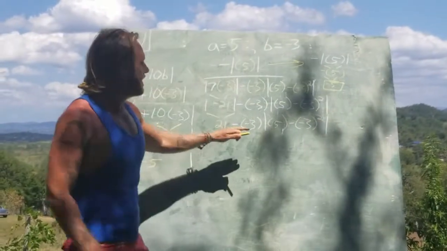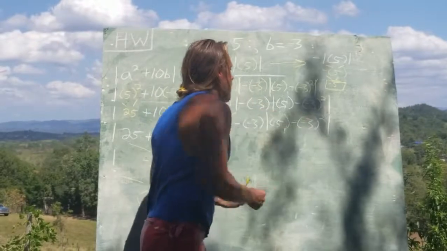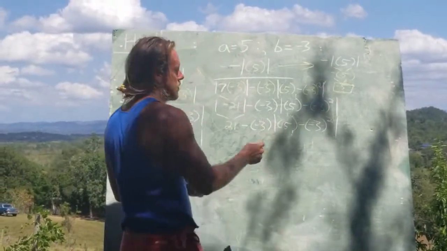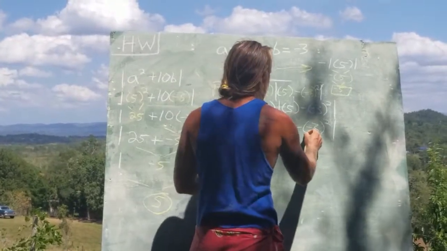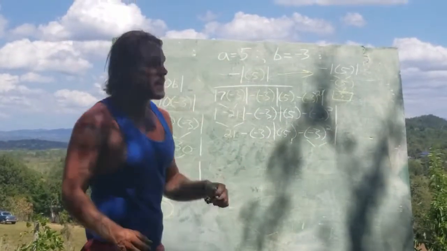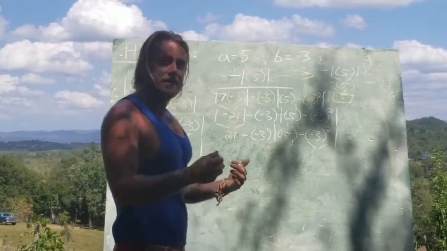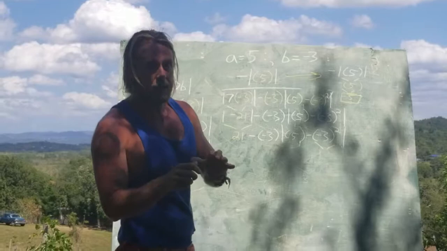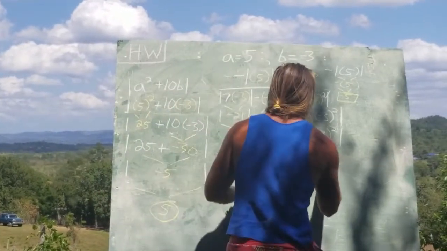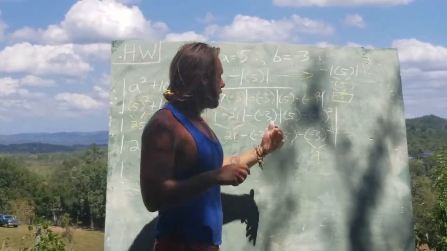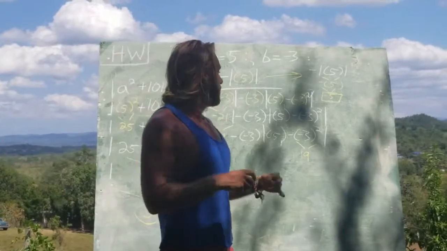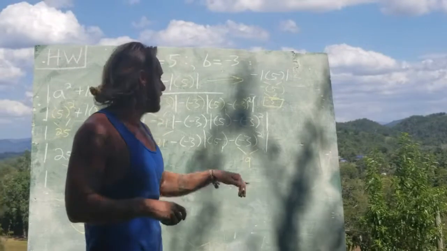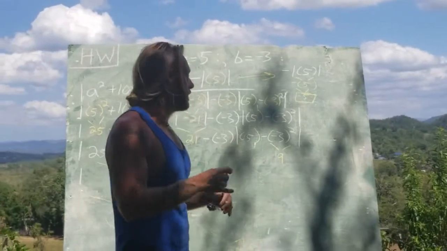All right, now we can deal with inside this absolute value. So we've got a 5 minus a negative 3 to the second power. So of course we're going to have to deal with that portion first. We simplify our exponents first. So negative 3 to the second power, or negative 3 squared, is negative 3 times negative 3, positive 9. And again, remember we looked at in our lesson where we kind of reviewed exponential notation. When you have a negative base to an even power, it's going to be positive. A negative base to an odd power, it will be negative.